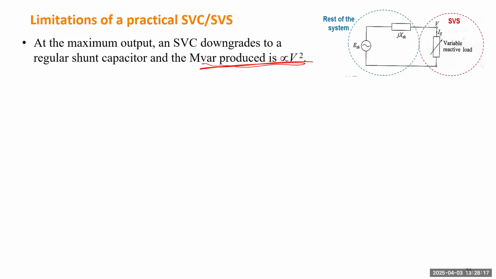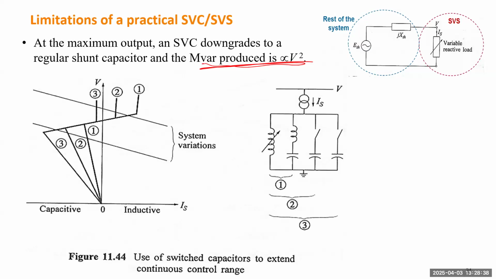So if you use this simple model to study how the voltage can change, the left-hand side is just equivalent to the rest of the system, with an internal voltage and an internal reactance. And this SVS or SVC will behave like an adjustable reactive load.